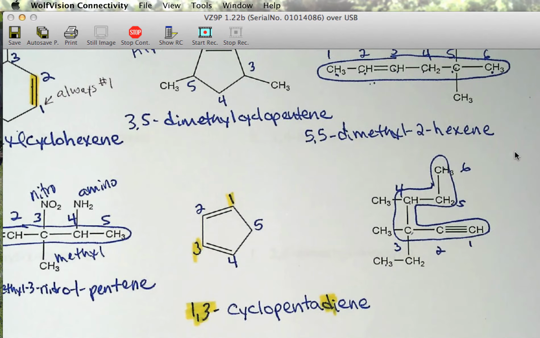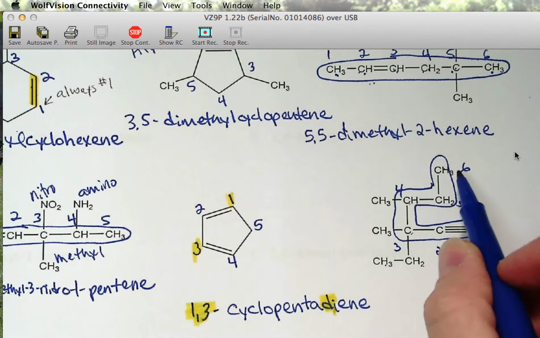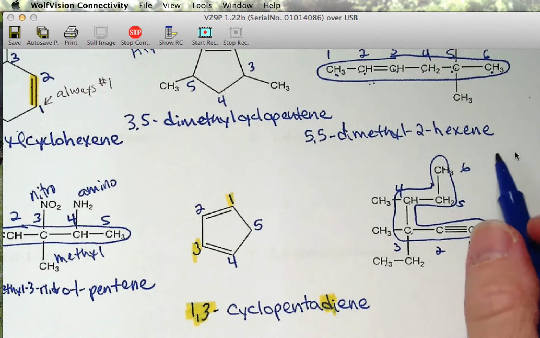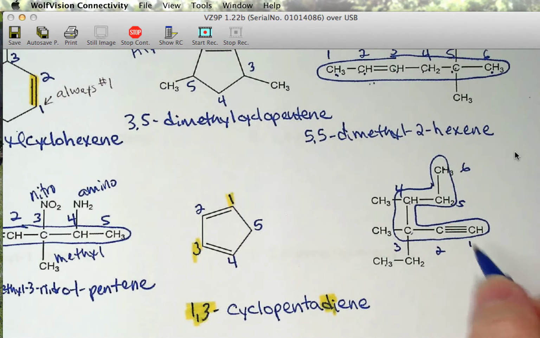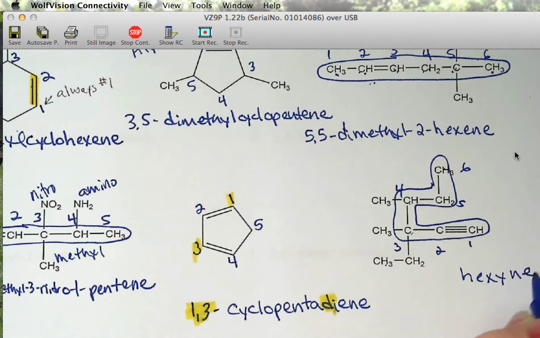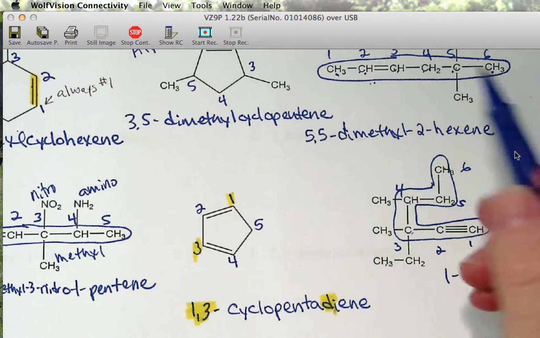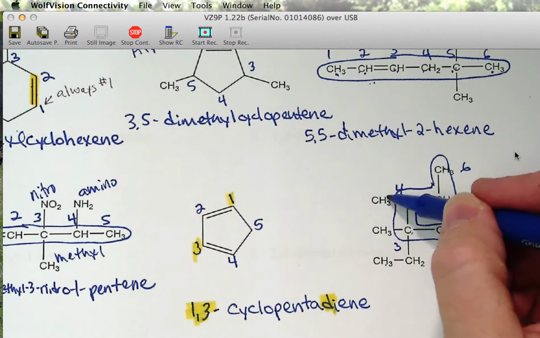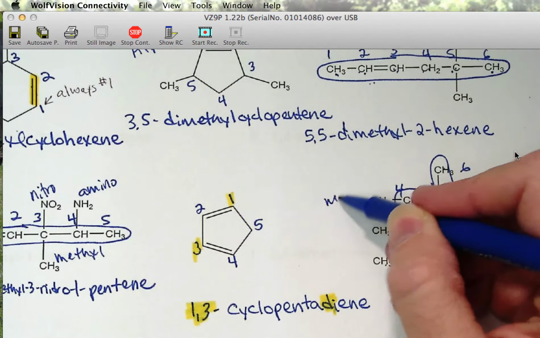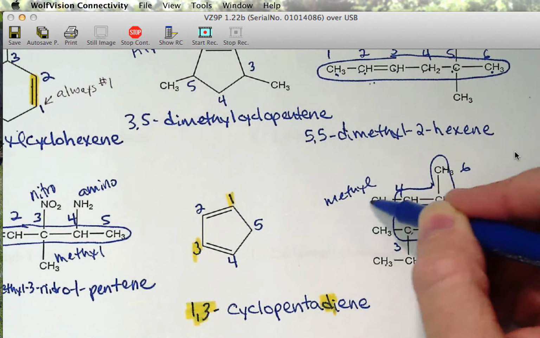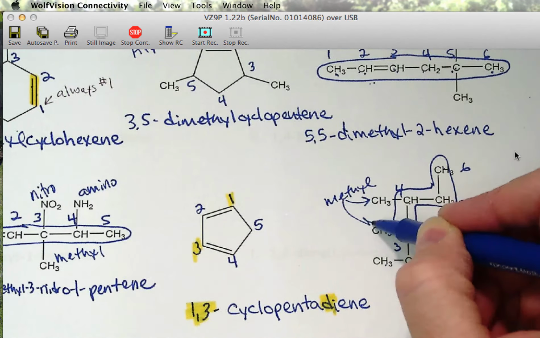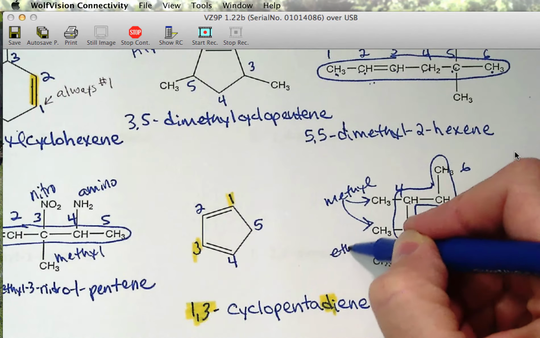So, a 6-carbon parent with an alkyne. How would you name that? Hexyne. But you have to tell me where that triple bond is. 1-hexyne. Now, what else is on this 1-hexyne? Methyl and ethyl.